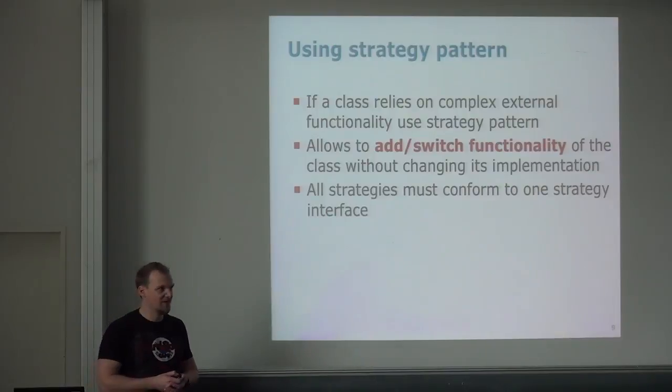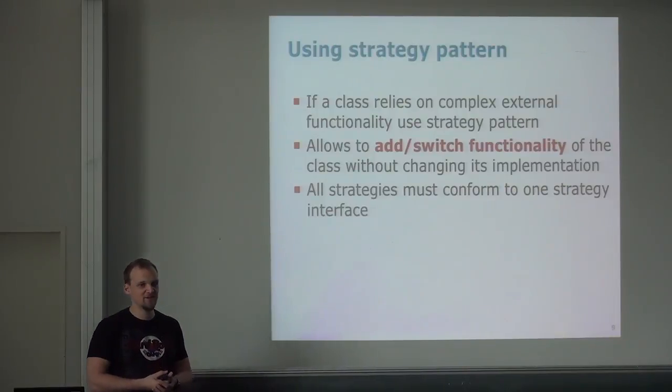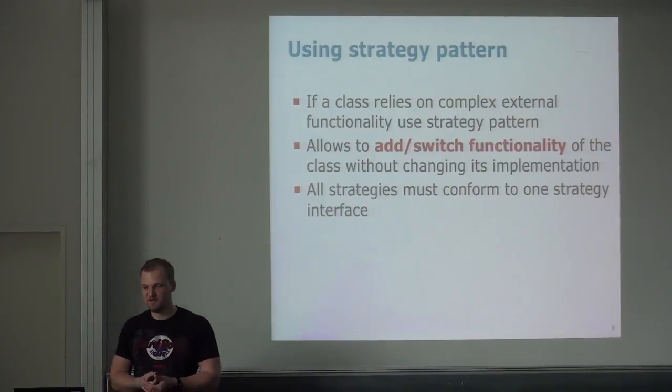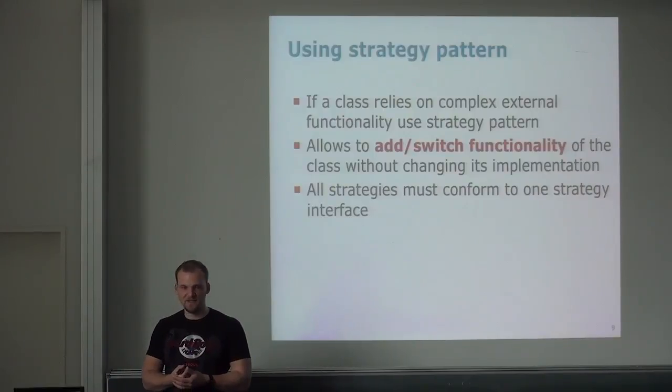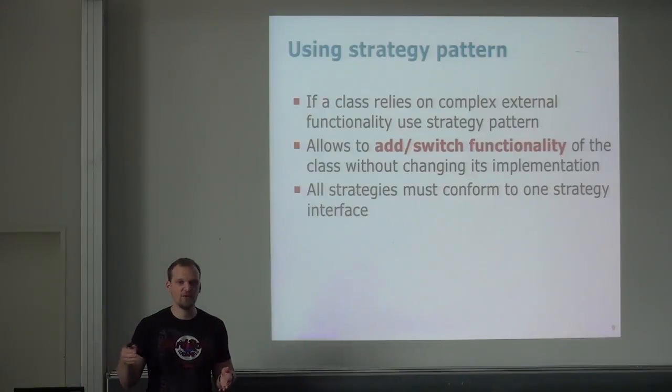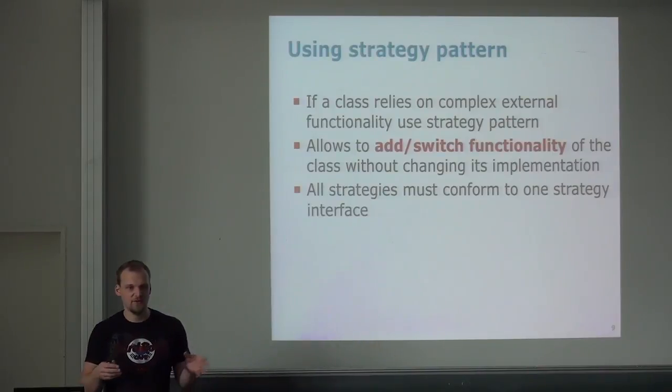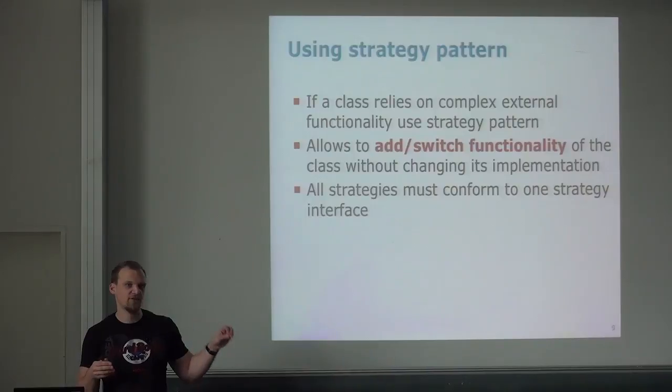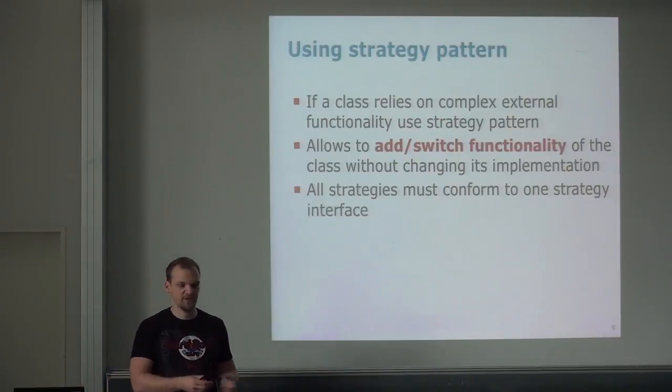Okay, now the strategy pattern. This is the one that you will be implementing in the homework eventually. The idea is that it depends on an interface. So you define a bunch of classes that conform to some strategy interface, which is just an interface of whatever you want to do. And you hold a const reference to this interface in your class, the one you're actually implementing.